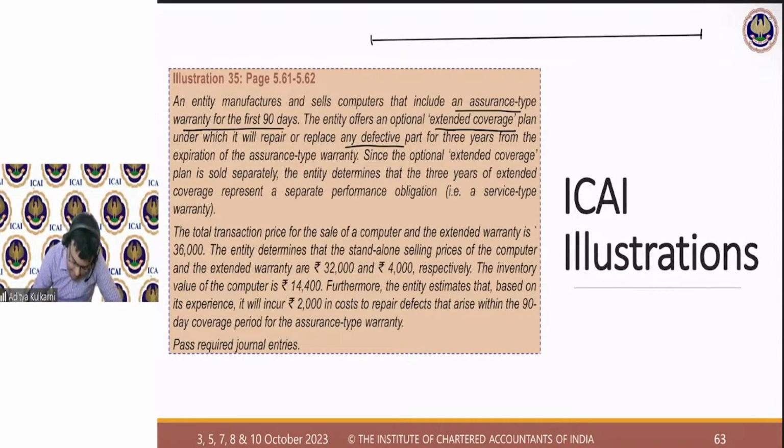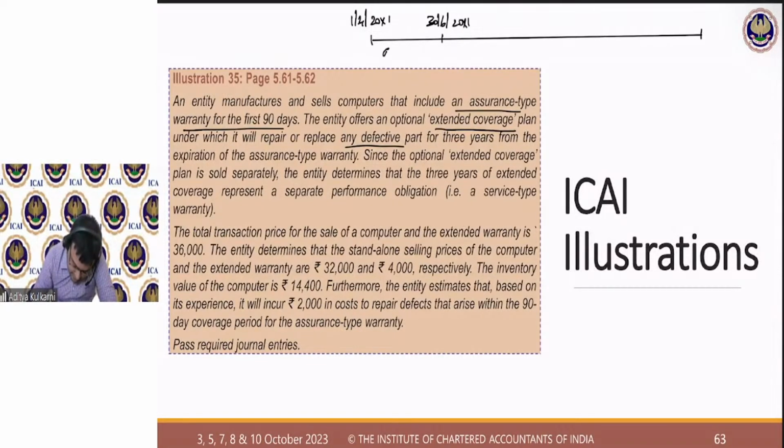You are selling the product on 1st April 20x1. First 90 days, that means till 30th June 20x1, you are going to recognize an assurance warranty, which will not be unbundled from the sale.